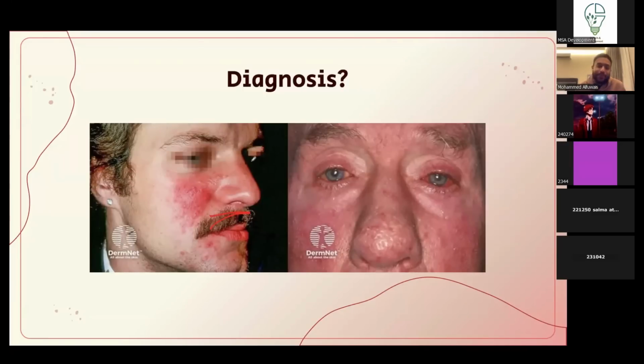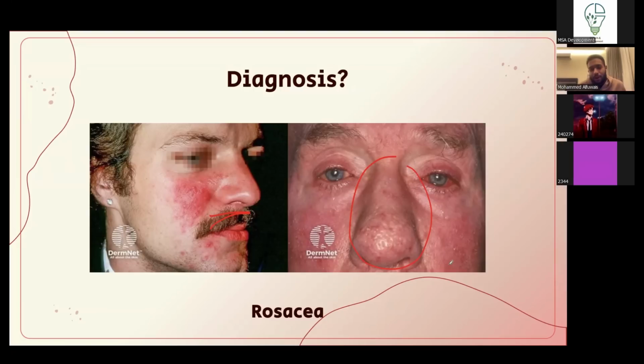Good. Perfect. Okay, this is rosacea. What do we call this? Change to the nose. Starts with R. Rhino something. Rhinophyma. Good.